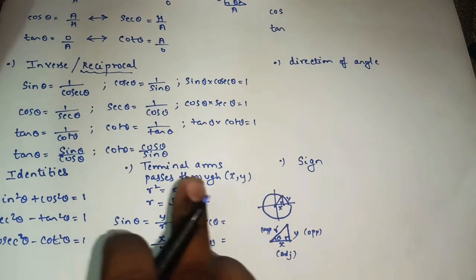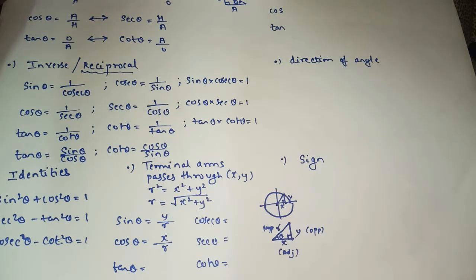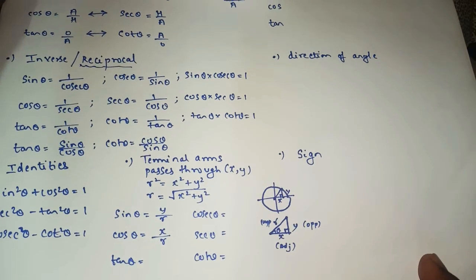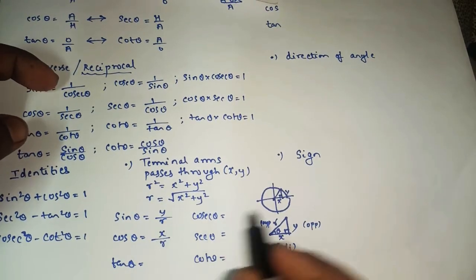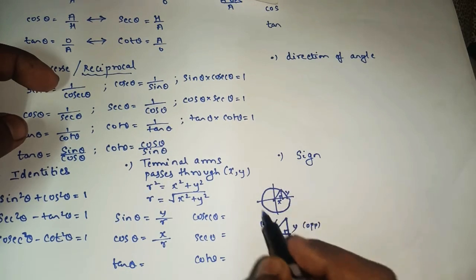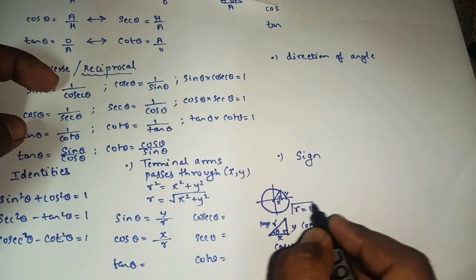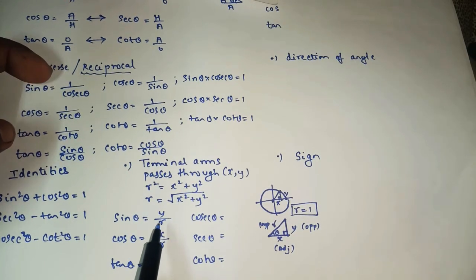So when the terminal arm passes through x comma y, sin theta equals y upon r, and cos theta equals x upon r. Got the point? Now, suppose this is a unit circle. Unit circle means the radius of the circle will be 1. So in place of r, suppose I write 1.